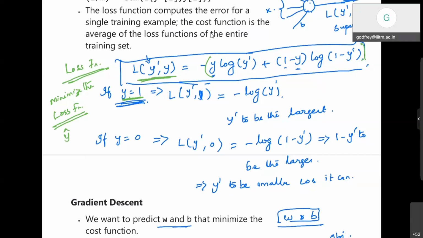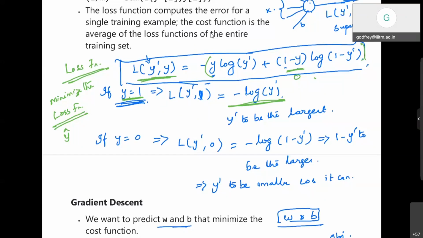Here 1 minus 1 becomes 0, right? So we will be left with minus log y dash. This will be the value that can be computed in the loss function.